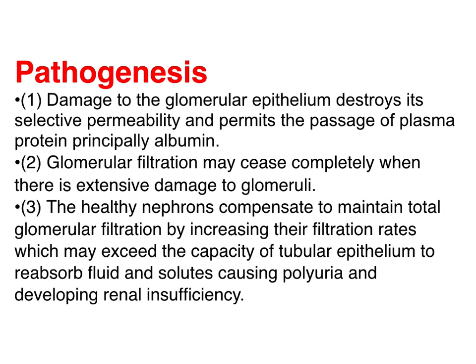The healthy nephrons compensate to maintain total glomerular filtration by increasing their filtration rates, which may exceed the capacity of tubular epithelium to reabsorb fluid and solutes, causing polyuria and developing renal insufficiency.